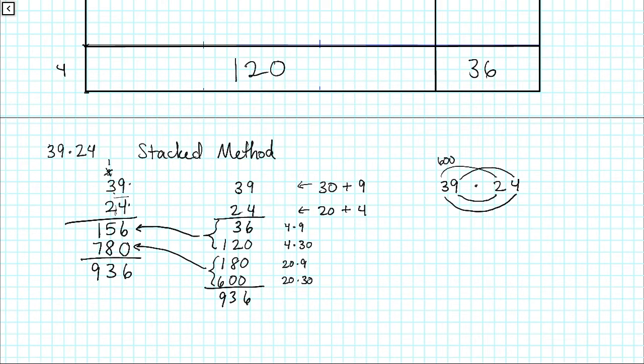This is 9 times 4 is 36. 9 times 20 is 180. And sorry, 30 times 4 is 120. So I'm just adding these all up. 600, 36, 180, and 120. I can add them up in any order I want.